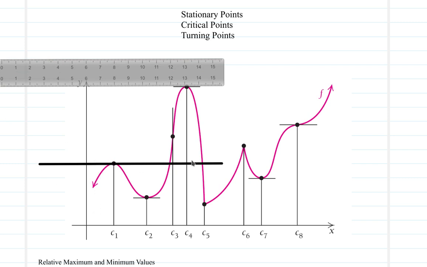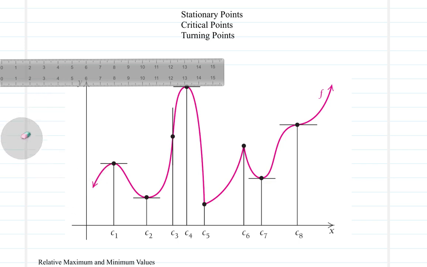So it's a horizontal line, and you know that a horizontal line has a gradient of 0. So what that means is, if you find the dy by dx for this function, and then you put the value of x at c1 in it, and you work it out, you're going to get 0. And we'll do 1 or 2 examples later on, right?